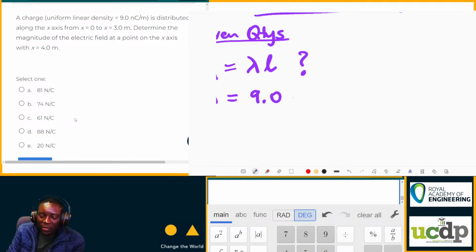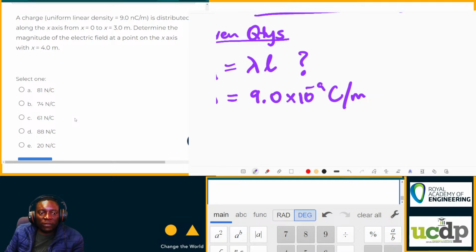It's 9.0 nanocoulombs, which is times 10 to the power minus 9 coulombs per meter. So if you see that unit or the term itself, it tells you this is not just charge, it's the distribution of charge per unit distance, which is a charge density. So that's the charge density, the lambda, our linear charge distribution.